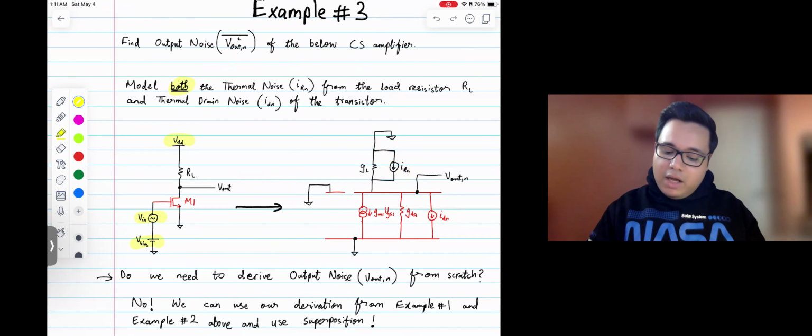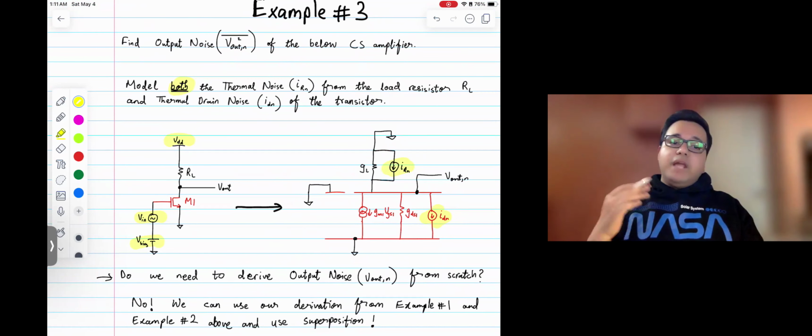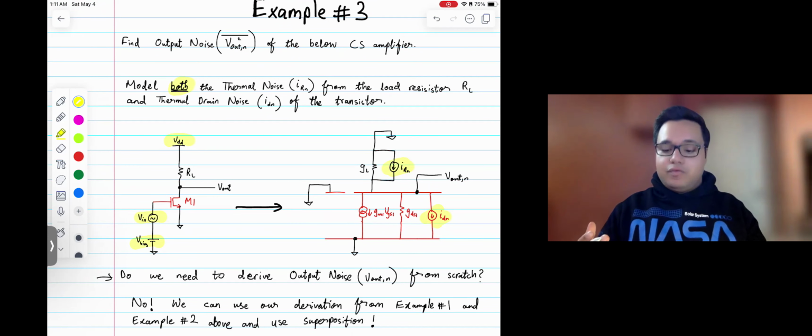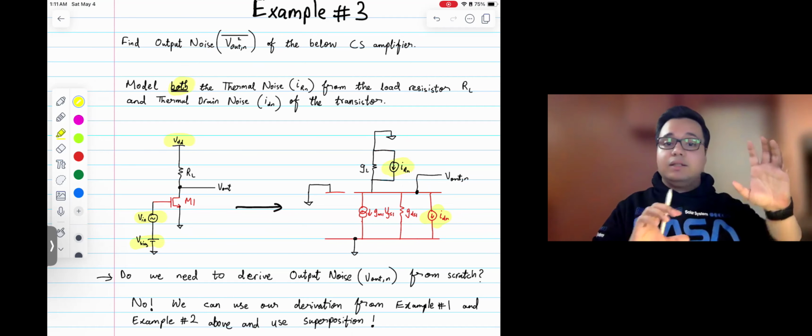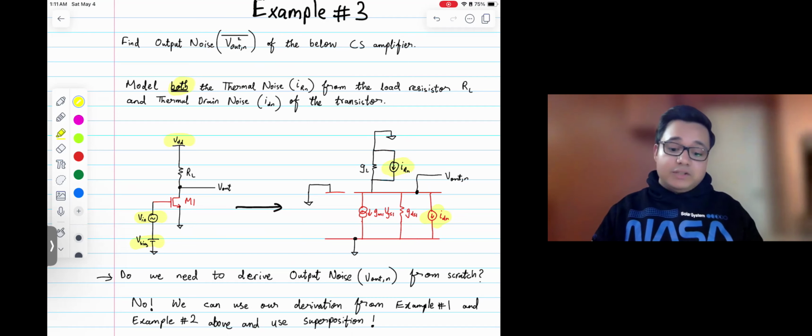In example 3, I'm asking for both of them at the same time. So the question is, do we have to rederive the output noise contribution from both of these sources when we have done the same analysis for the noise sources individually? The answer is no, right?